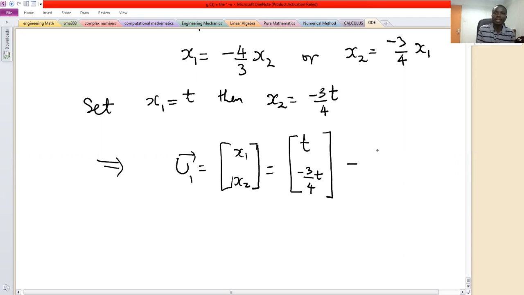So this is the same thing as saying 4k, minus 3k, where k is the same as t divided by 4, or simply use the same t.